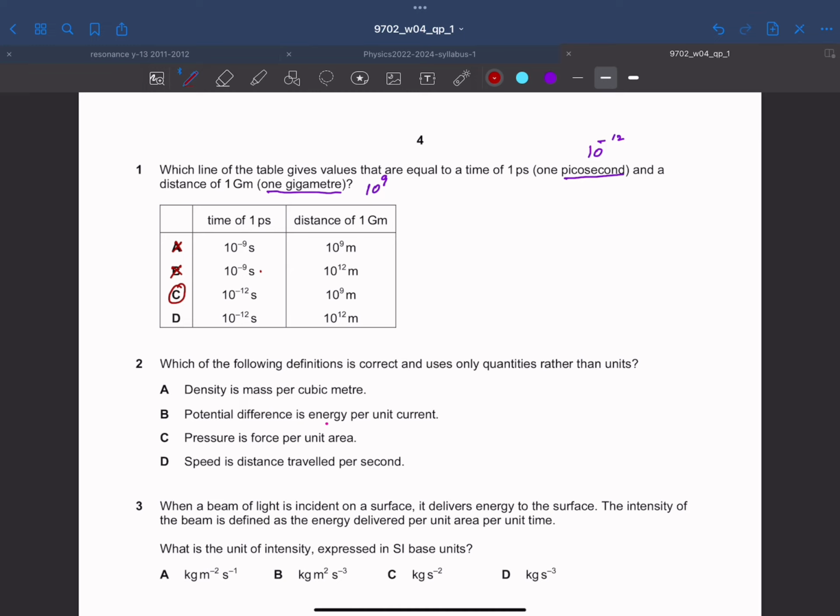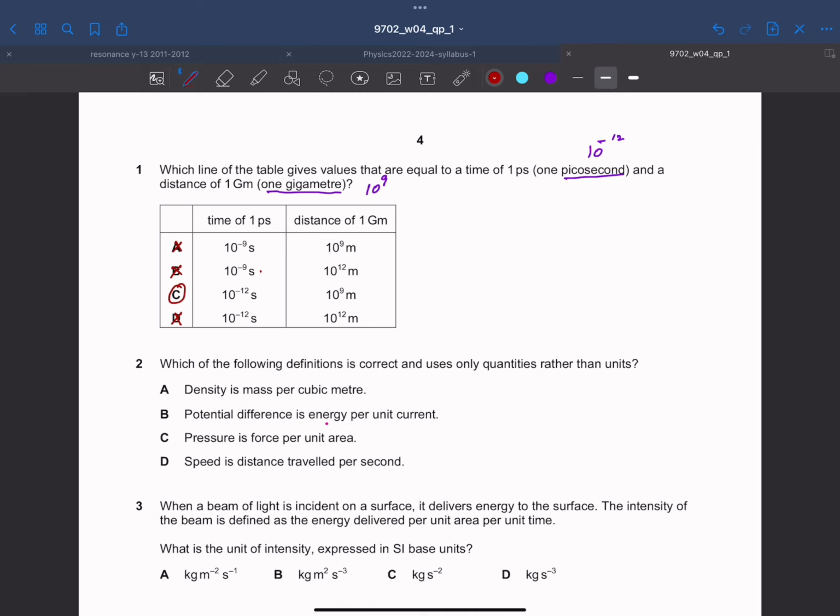D is also 10 to the power minus 12, but here you have the other part as well. 10 to the power 9 gives you giga, and 10 to the power 12 is not the correct answer here. So the simple answer is C. Remember these things, these are questions based on our direct knowledge, or remembering.